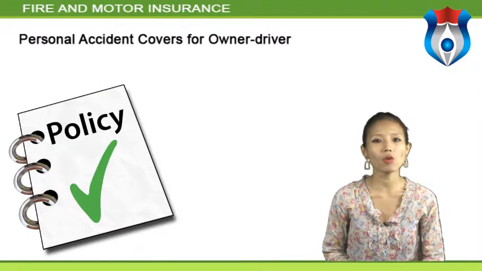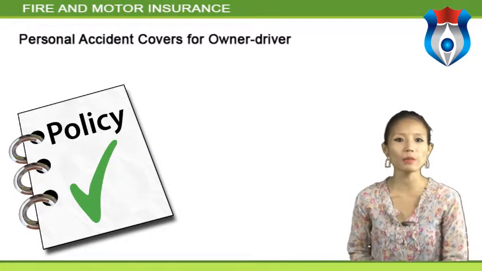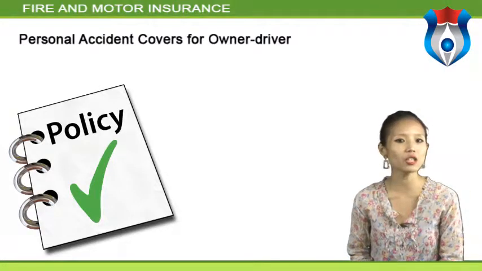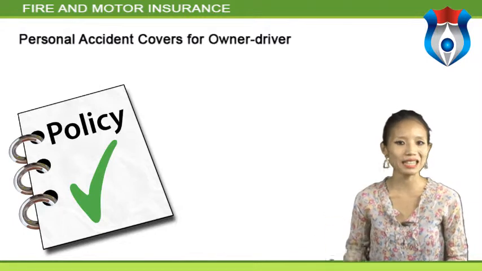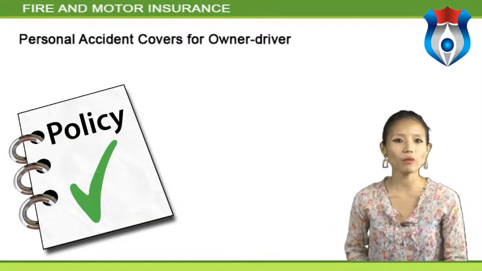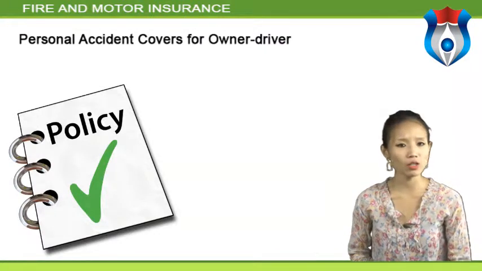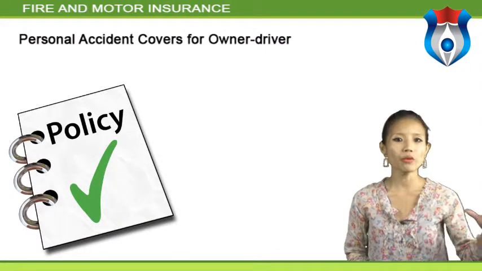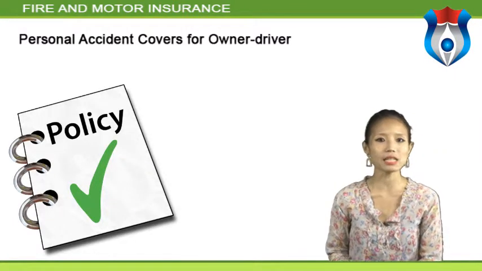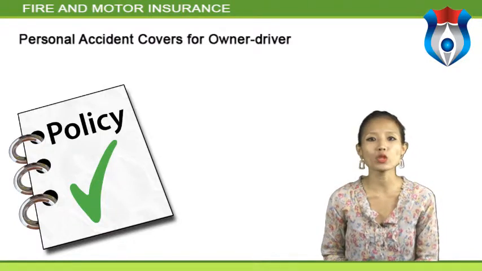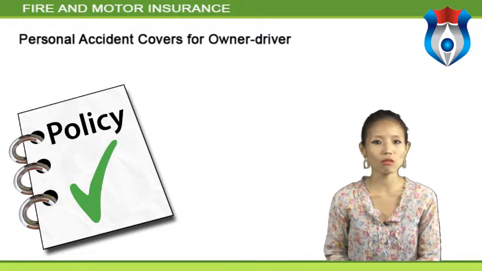Personal accident cover for owner driver. Subject otherwise to the terms, exceptions, conditions and limitations of this policy, the company undertakes to pay compensation as per the following scale for bodily injury or death sustained by the owner driver of the vehicle in direct connection with the vehicle insured, or whilst mounting into, dismounting from or travelling in the insured vehicle as a co-driver, caused by violent, accidental, external and visible means which, independent of any other cause, shall within 6 calendar months of such injury result in death or disablement.